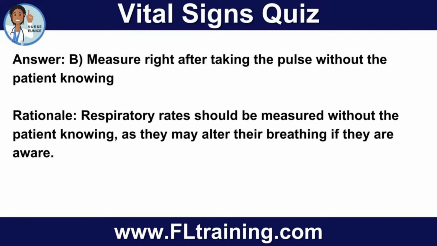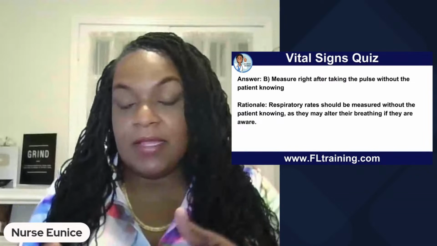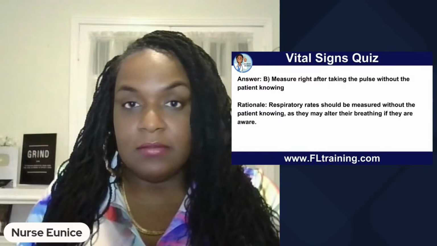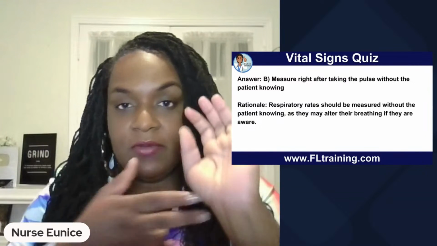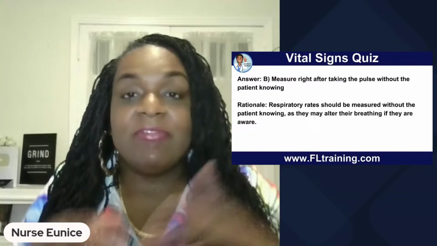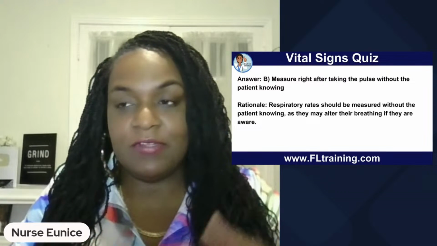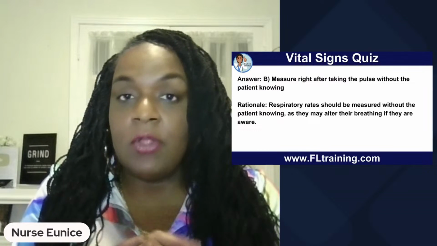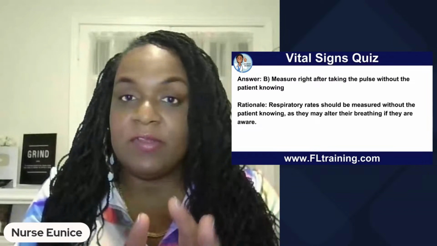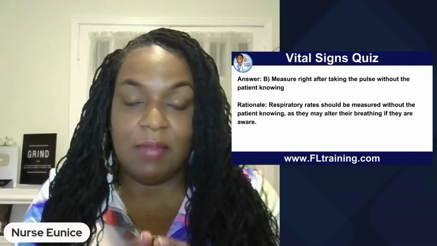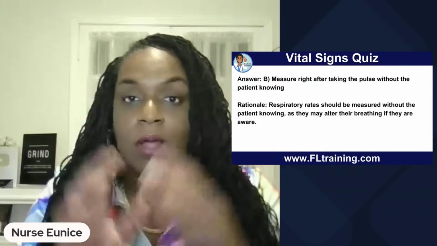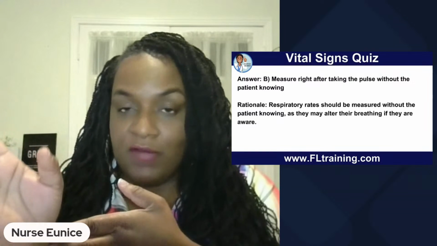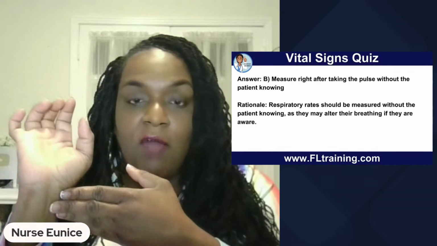So now let's talk about these exams. When you're taking the exam, especially in the state of Florida, you can have a skill called the pulse skill where you come in, you take the radial pulse, but then you would have to leave, do your whole exiting procedure, come back in, knock on the door again in order to do the respiratory skill. So when you're taking your test, you have to do exactly what's required for your state examination. But in the real world, while you're sitting there counting someone's pulse, as soon as you're done counting the pulse for the 1 full minute, you don't take your hand off of the pulse.